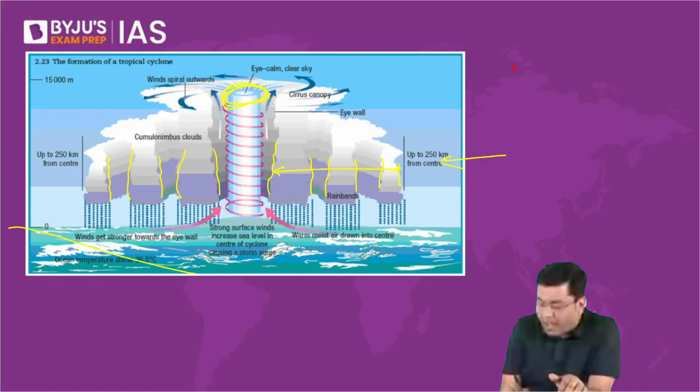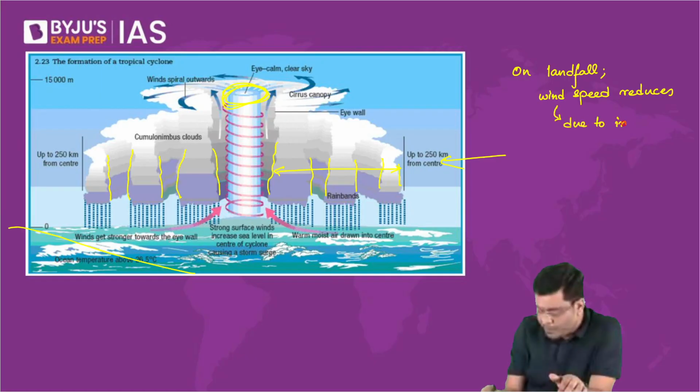So on landfall, wind speed reduces due to increased frictional force.